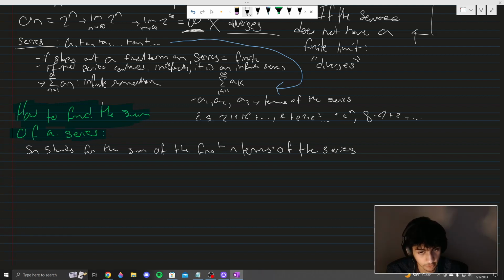Note I say first n terms, okay? So if we have S1 equals a1, S2 equals a1 plus a2, and so on and so forth. S3 equals a1 plus a2 plus a3, and it keeps going on, right?